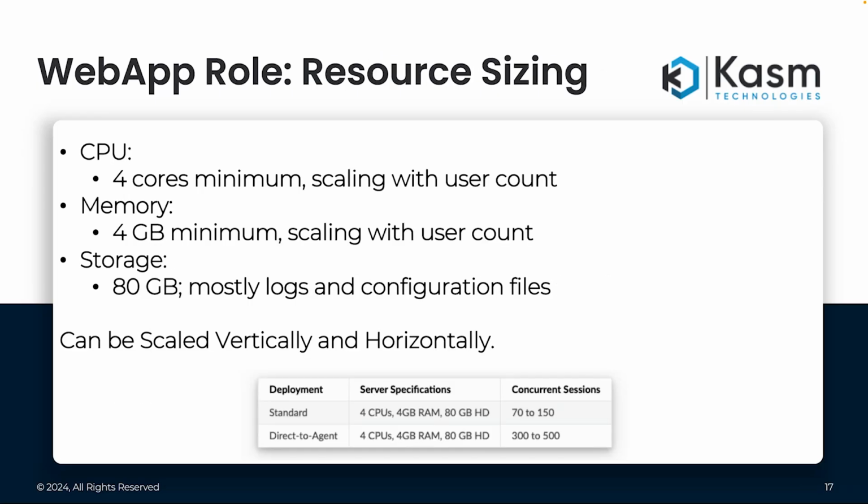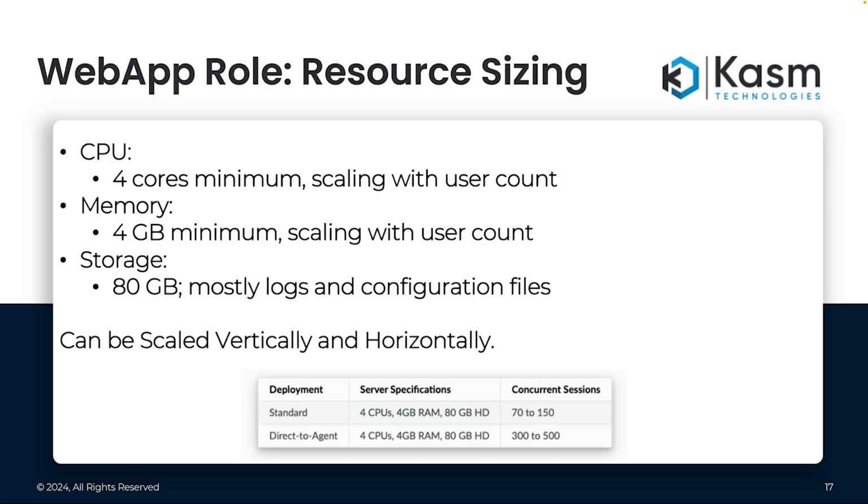As far as resourcing over here, 4 cores minimum, scales with user count. 4 gigs minimum for RAM, scaling again. Storage is 80 gigs. Mostly all of that storage is going to be for log files and configuration files locally. There's not going to be anything user generated there locally. So resource from a storage perspective is not going to be super high.